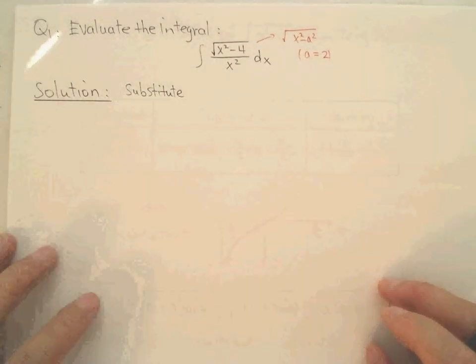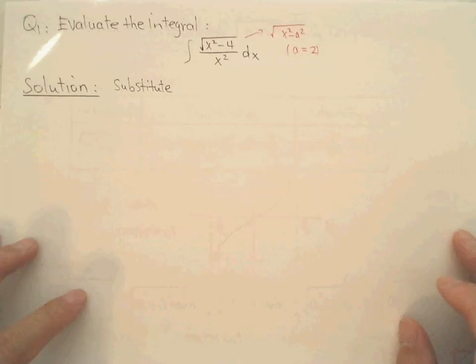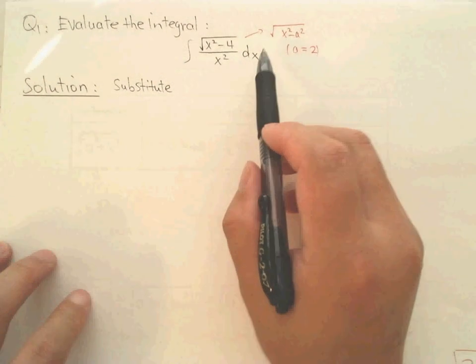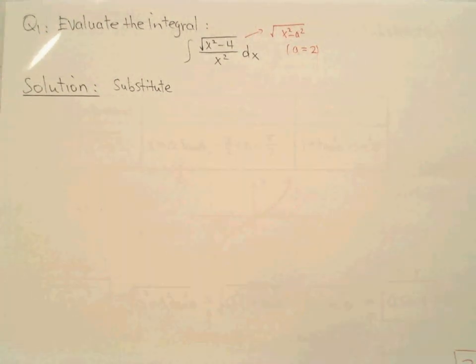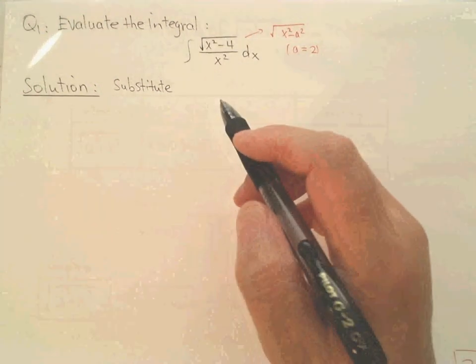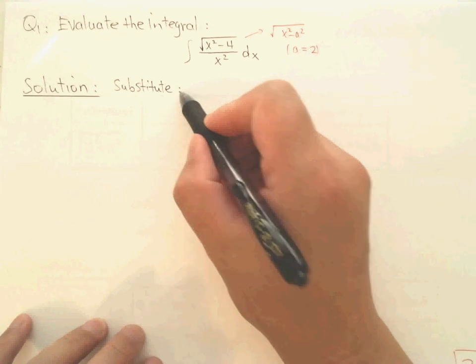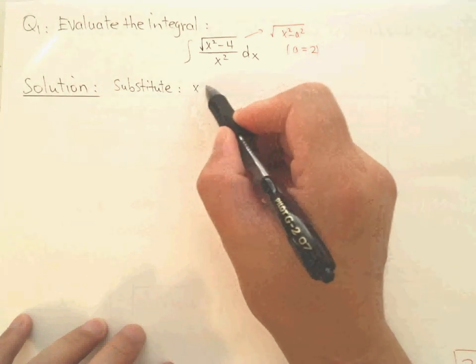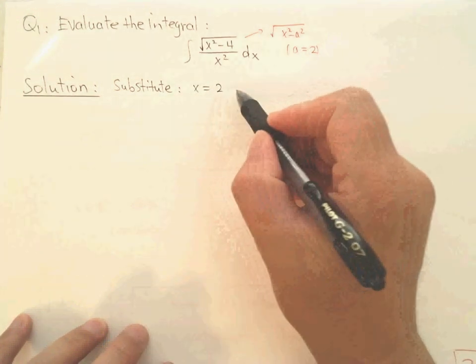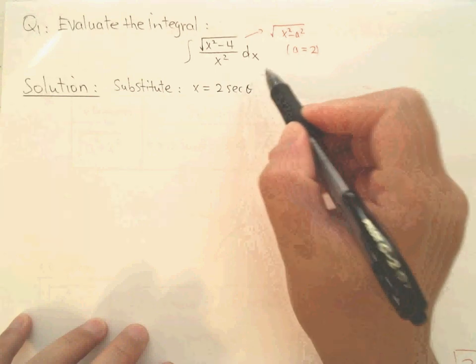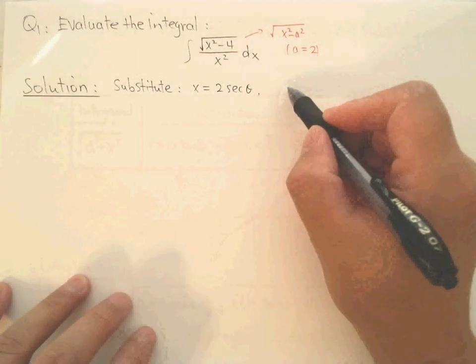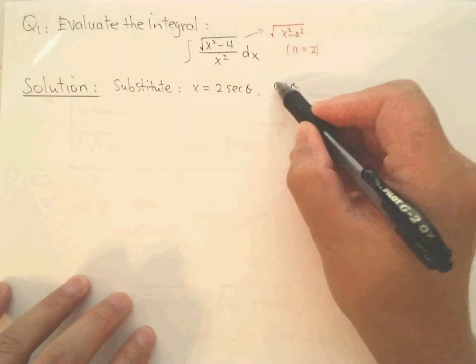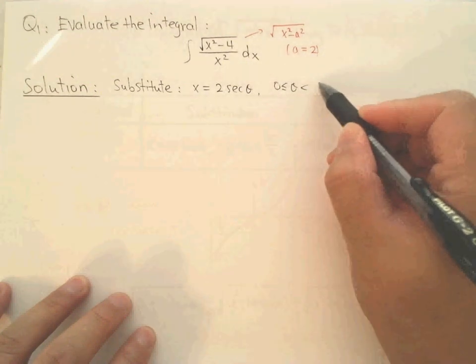Okay, now it's better. So can we look back? The substitution is this, right? x equals a, which is 2, times secant theta. Okay, for the theta substitution we need the domain for theta. Theta is greater than 0 and less than pi over 2.